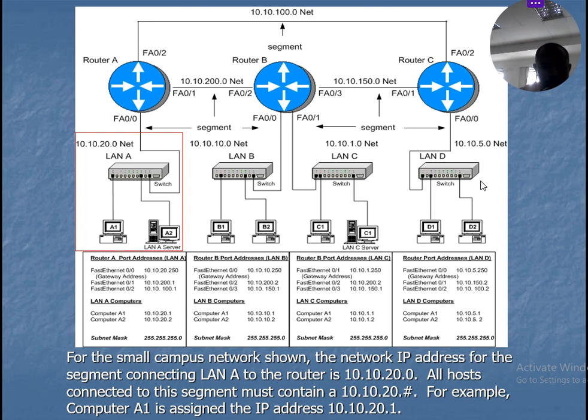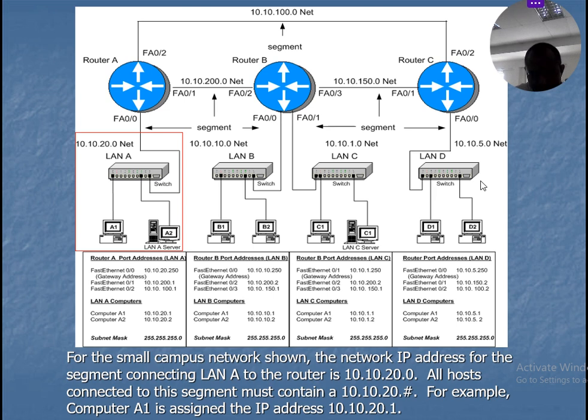The LAN also connects to different computers. For the small campus network, the network IP address for the segment connecting LAN A to router A is 10.10.20.0. All the hosts connected to this segment must contain 10.10.20, maybe 1, 10.10.20.2.